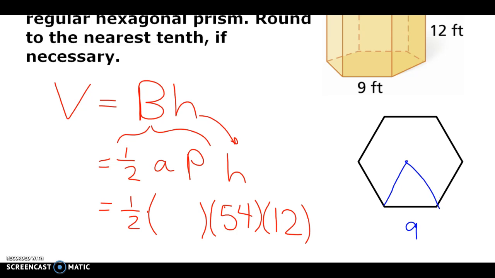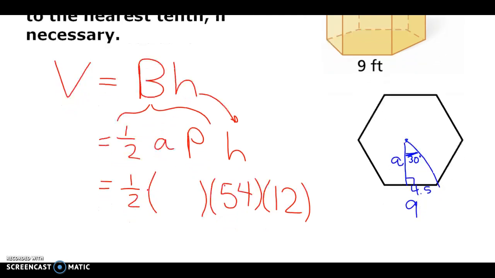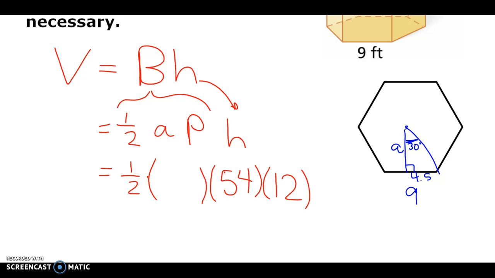Cut it in half, because we want only half of it. So 30 degrees. With the 9 foot side, half of it is 4.5. The tangent of 30 equals the opposite side, which is half of the side length, over the apothem: tangent of 30 equals 4.5 over a.